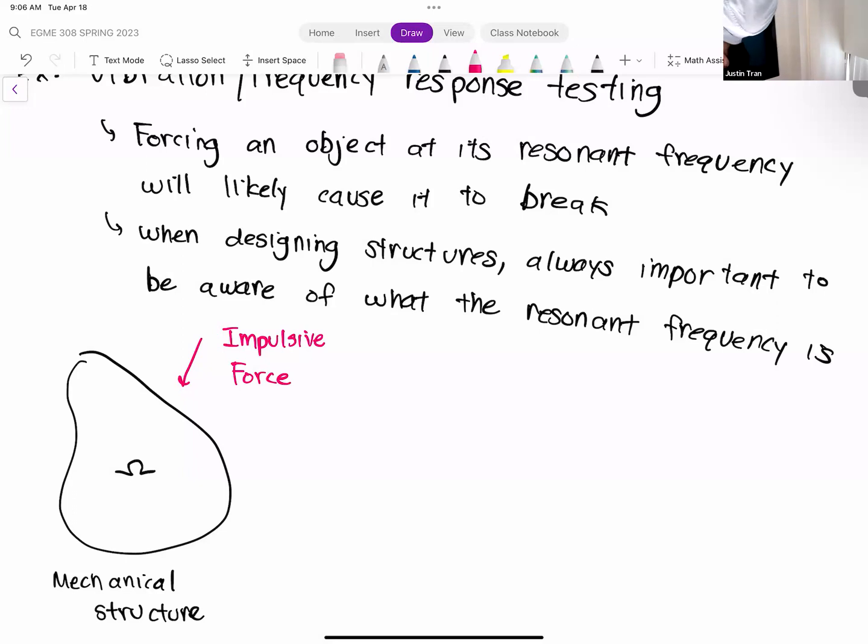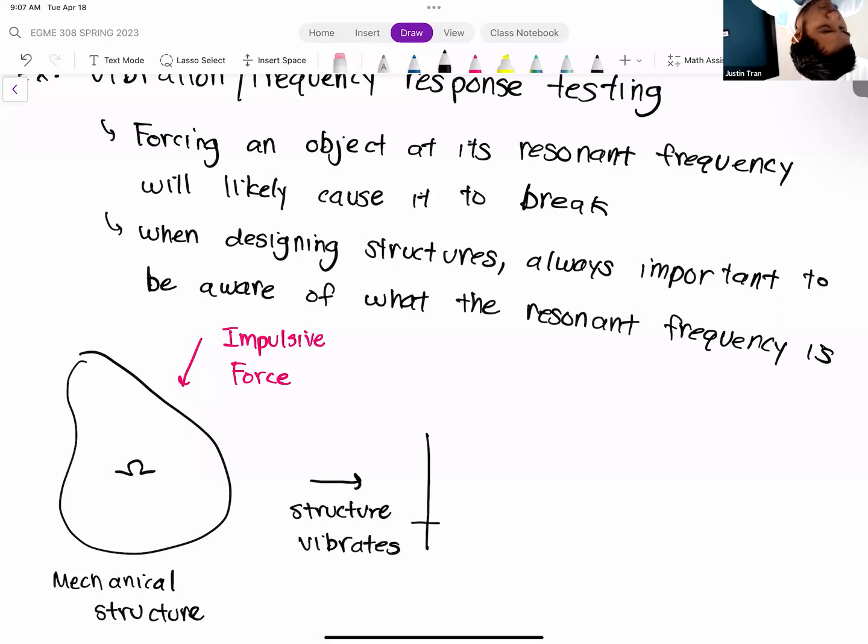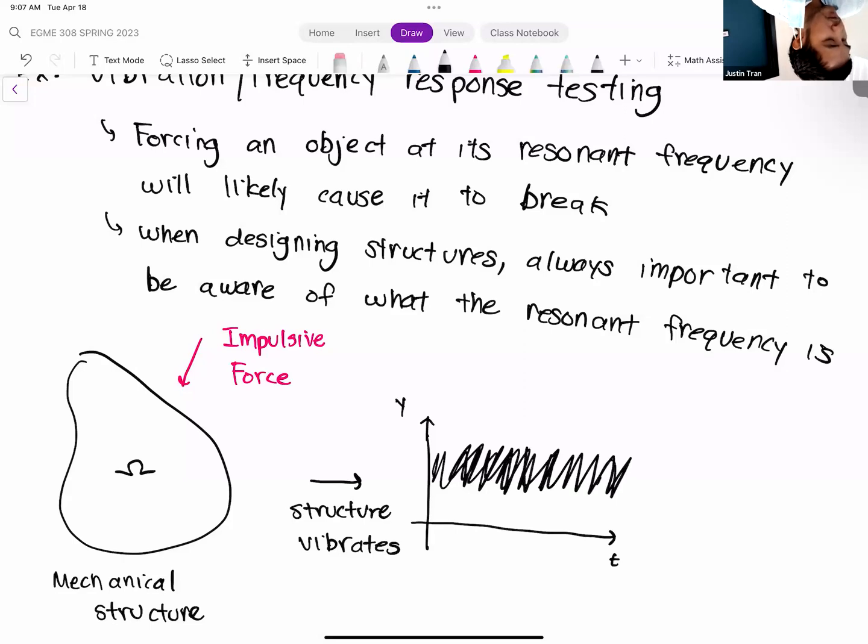After you kick the structure, or after you apply your impulsive forcing, the structure is going to start to vibrate. And if you are smart about it, you can attach a device to the structure to measure these vibrations. So usually it's going to look something like this.